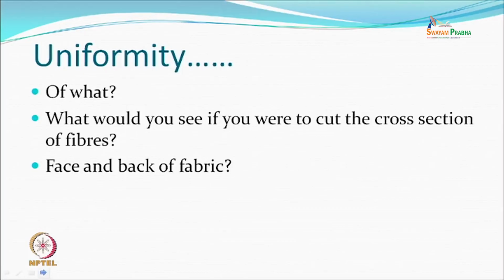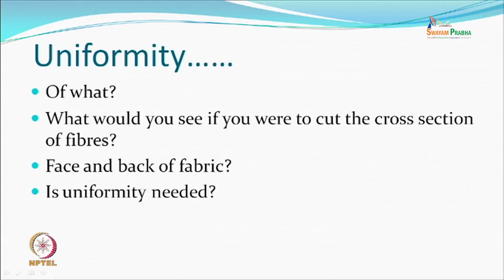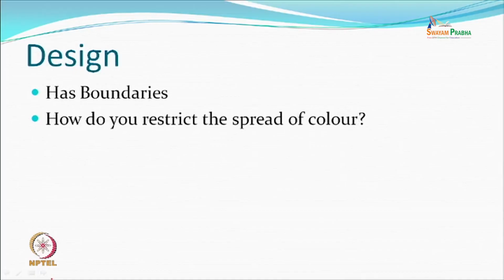And so, when somebody says, well, I have done some print in my lab, after washing, I am not sure you would ever like to wear that in the first go. And what is the question of uniformity? At least from the face to back, uniformity is not needed. You do not want to print the back of the fabric in any manner, it will never look good, and so you do not. But you have understood the difficulty also.